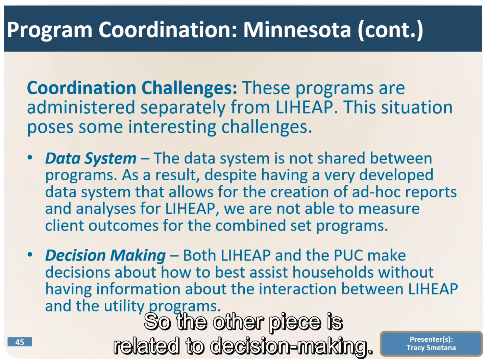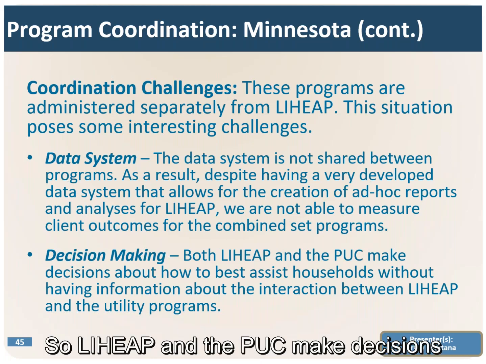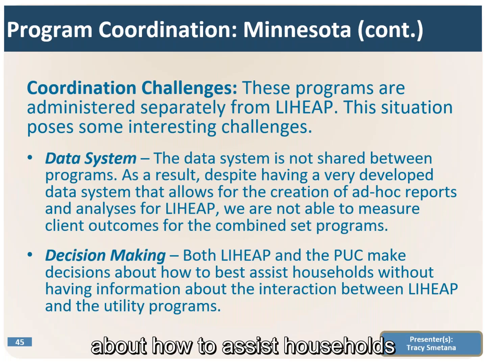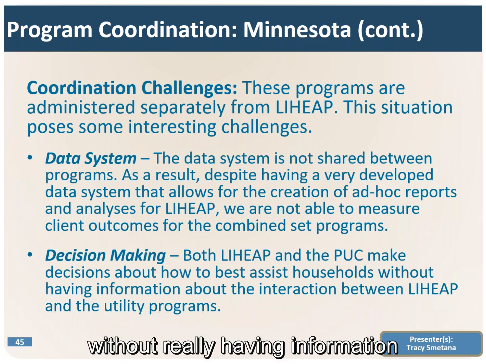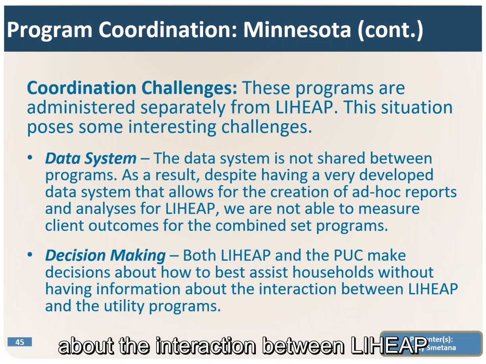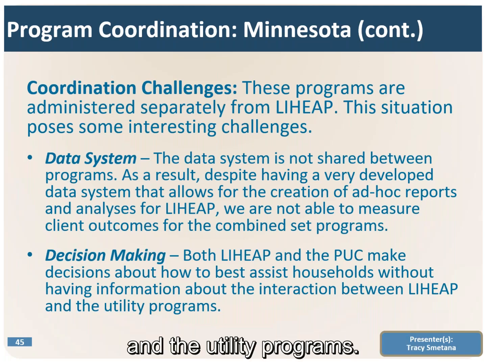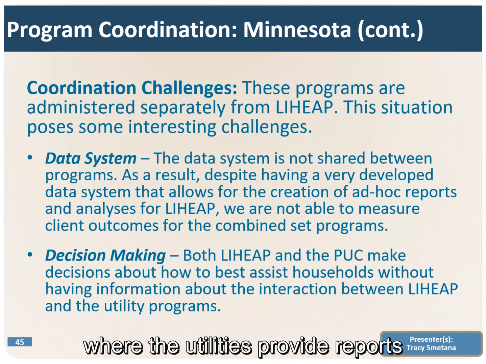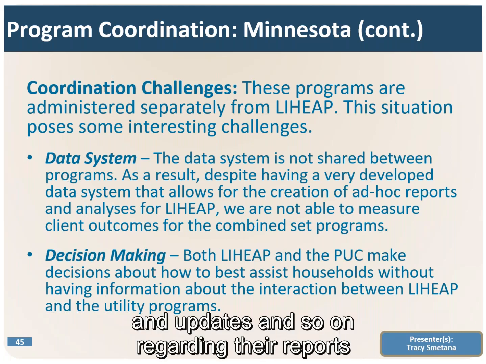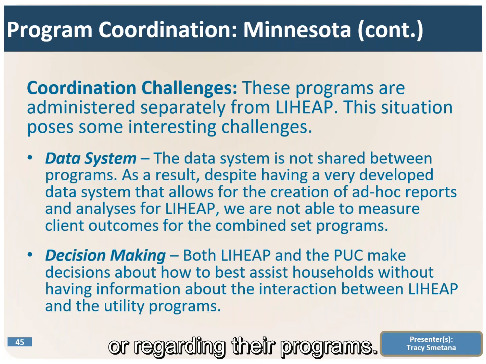The other piece is related to decision making. LIHEAP and the PUC make decisions about how to assist households, and it's of course the same population of households, without really having information about the interaction between LIHEAP and the utility programs. Generally, the PUC will hold meetings where the utilities provide reports and updates regarding their programs.